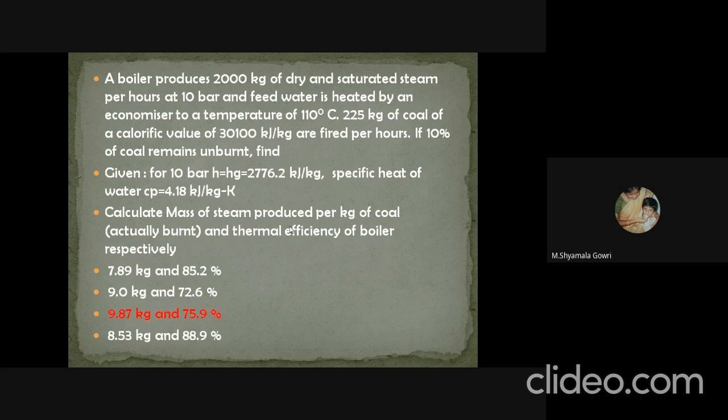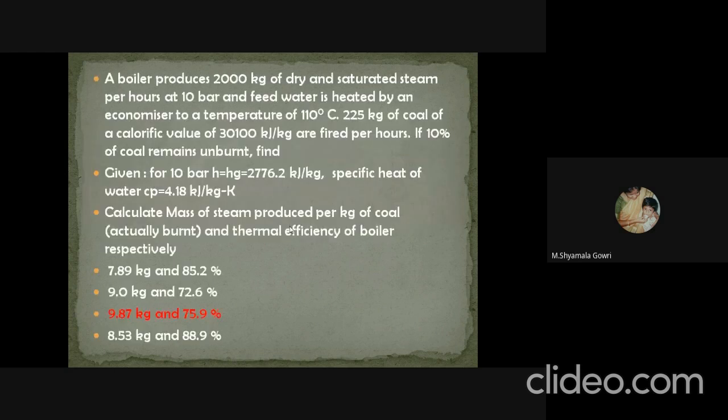If 10% of coal remains unburned, find, given for 10 bar, H is equal to Hg equal to 2776.2 kJ per kg, and specific heat of water Cp is equal to 4.18 kJ per kg Kelvin. Calculate the mass of steam produced per kg of coal and the thermal efficiency of the boiler respectively.